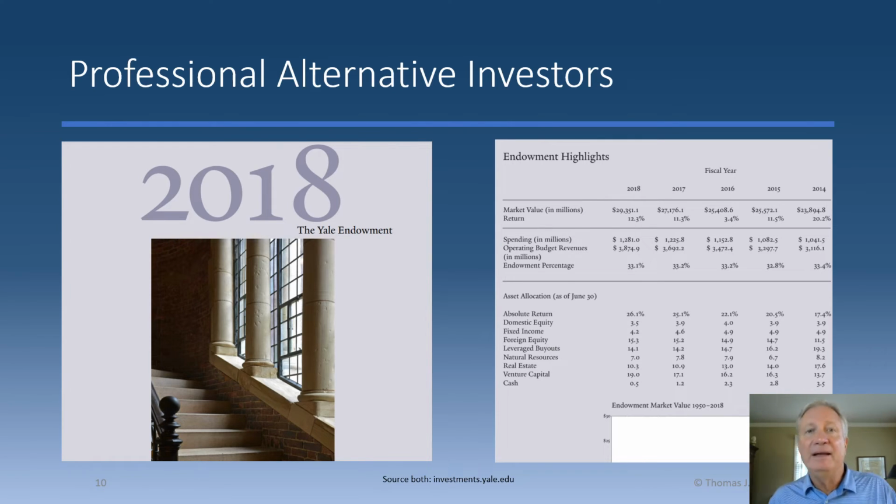It used to be that endowments invested only in U.S. stocks and U.S. bonds and some cash. Well, now they invest, notice, Yale's endowment invests in absolute return, domestic equity, which is U.S. stocks, fixed income, foreign equity, leveraged buyouts, all these things that produce diversification and returns across a broad variety of market situations.